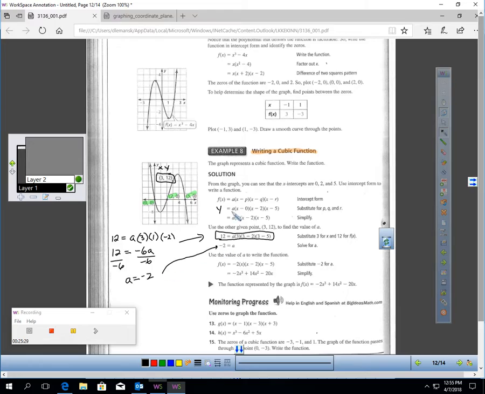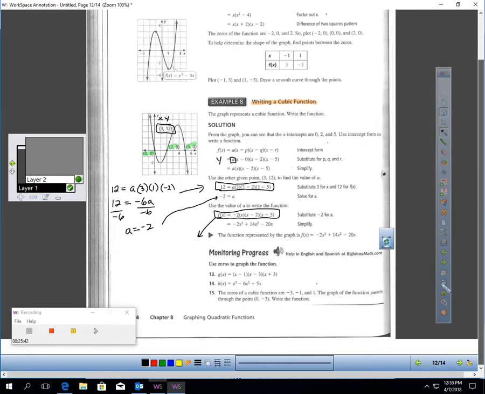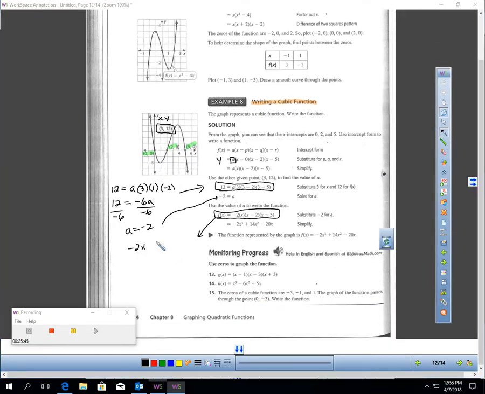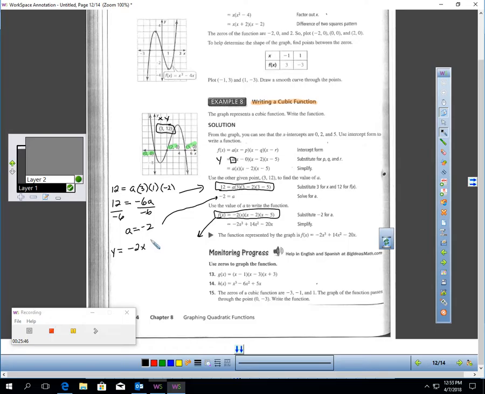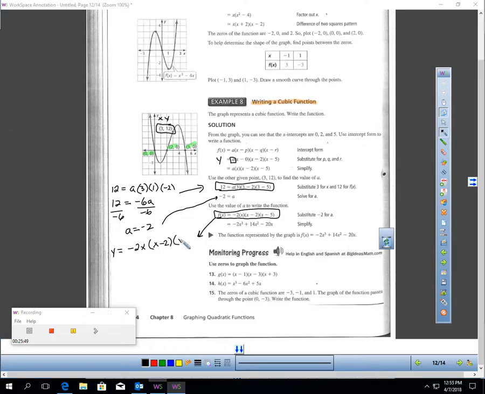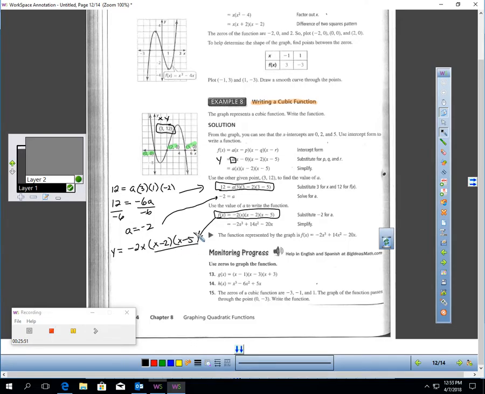So all they do is they take a, put a negative 2 in. There's my function. Now they want me writing it in standard form, so now we just have to do that. So I'm going to do the work here. Let's work it out. So I have negative 2x, and then I have x minus 2, x minus 5. Let's take these two and double distribute. I'm going to do that first.